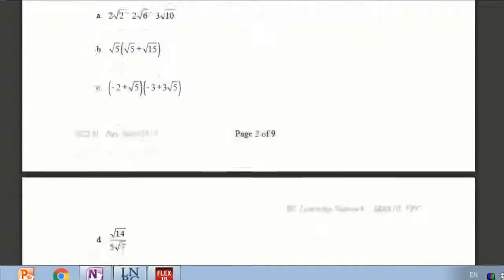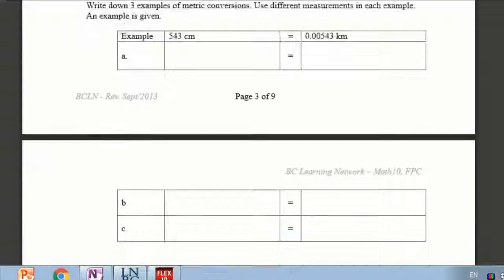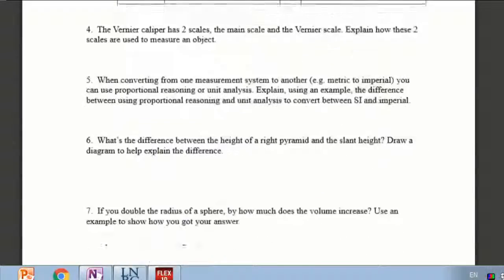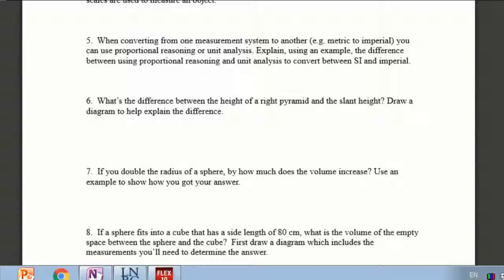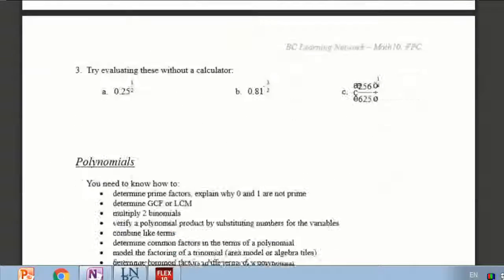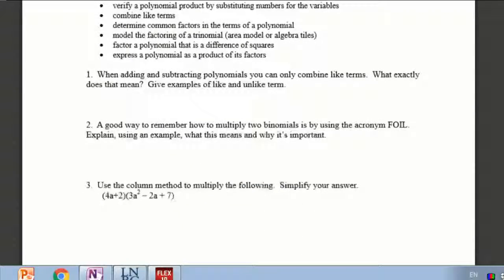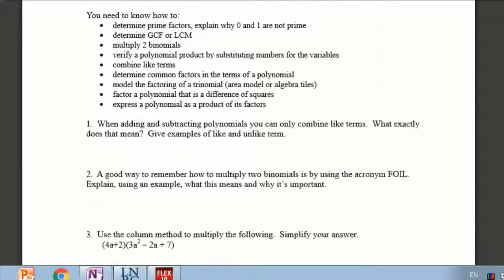Simplify, and then measurement stuff we did, all of that, converting metric imperial using your formula sheets, the vernier caliper questions, converting, some basic word stuff, all of your exponent laws. We just finished this stuff, so it should be fresh in our minds, and fractional exponents. Polynomials, this is the stuff we started last week.